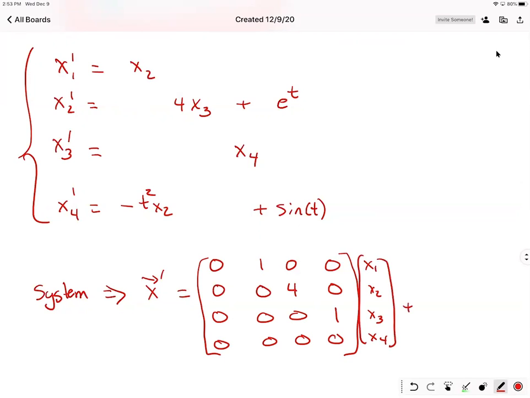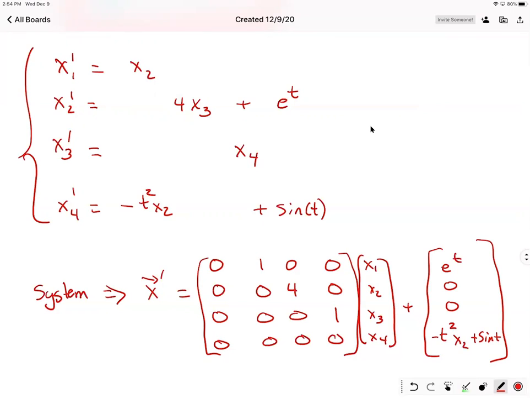And then plus e to the t, 0, 0, and minus t squared. Is there a squared there? There's a squared. x2 plus sine of t. I could write it that way.